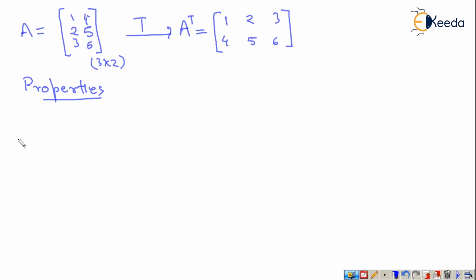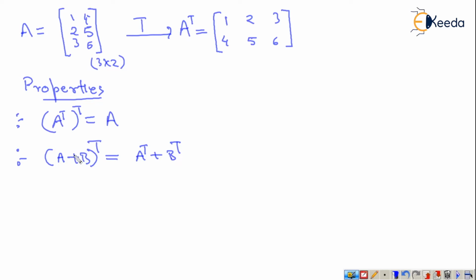If you transpose a transpose, what will happen? We'll be interchanging the rows and columns, and then again we'll be doing the same thing. So being done twice, you'll get the same thing. So A transpose transpose will give you the same matrix itself. And if we are transposing the sum, we can simply transpose the matrices and then add them, because this can be distributed.